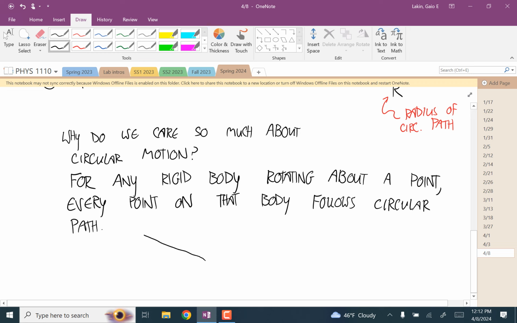So if you have, let's say, a board that is free to rotate around a hinge or a pin at this point, and let's track the motion of a few points on this body. Any body you choose, and they don't all have to be on the center line like this. Let me pick one out here. Every one of these points is in a circular path around that point.